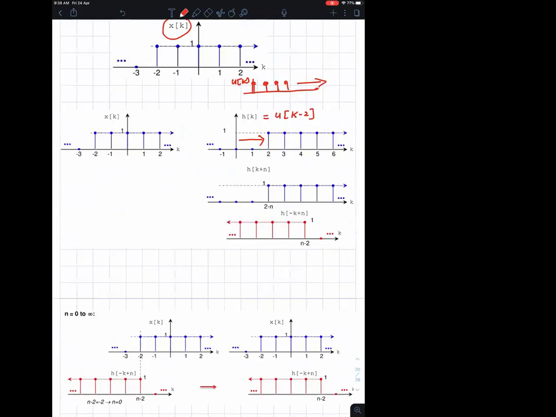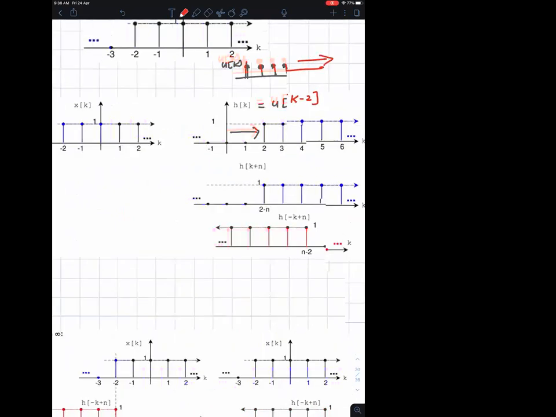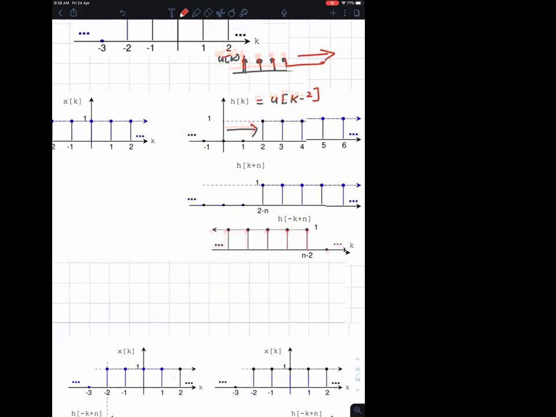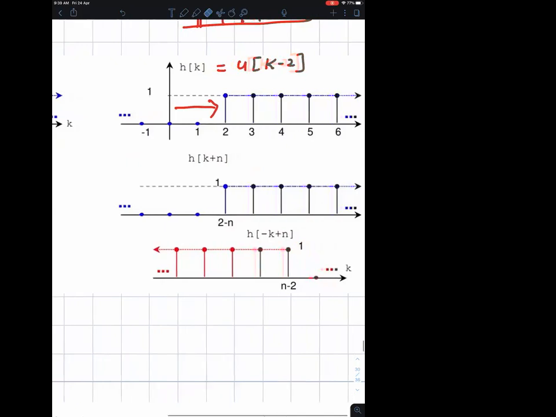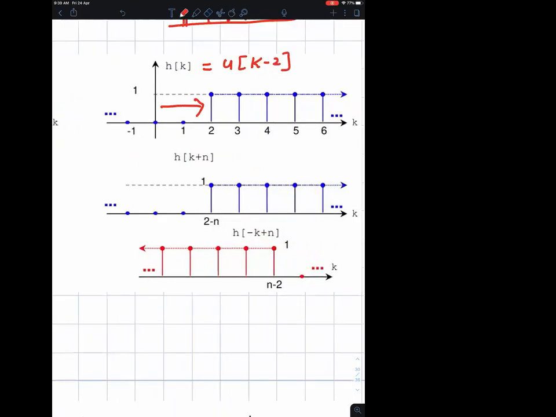Okay, now you're going to add plus n. H of minus k plus n, that's different. Usually you will add n, like the previous case. But in this case, plus n becomes minus n. Because you haven't inverted the signal.